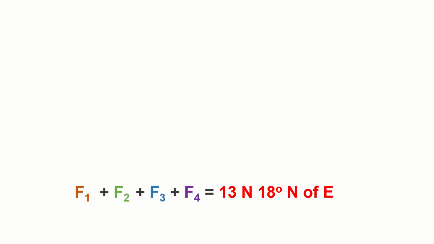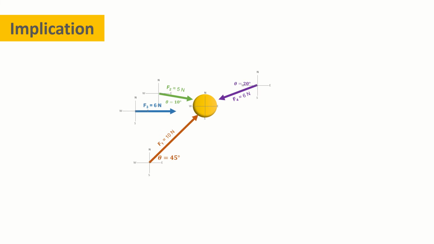So, what is the implication of this? For example, we have a particle here, and then we have these forces acting on it. These are the forces we placed in the diagram earlier. We have a force vector of 10 newtons, 45 degrees north of east.